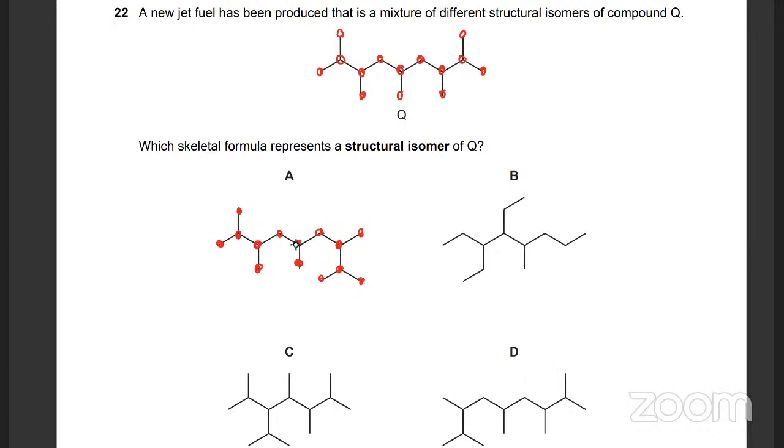Yes, they are arranged differently. Q is cis and A is trans, maybe. No, you don't have cis-trans when there is no double bond. Plus, they're looking for structural isomers, not stereoisomers. Anyways, the structure has to be different. They have to be arranged differently. So, are you sure they're arranged differently?